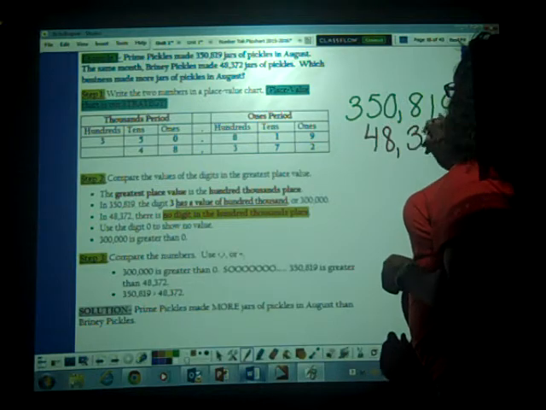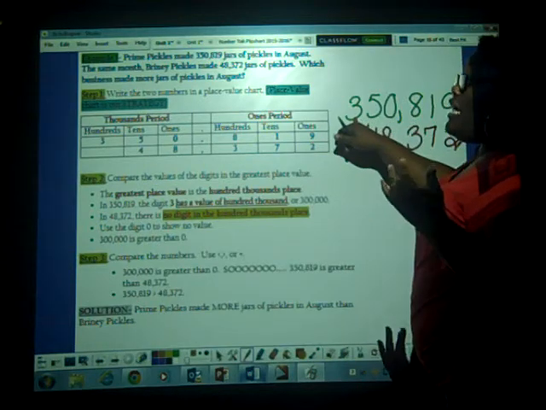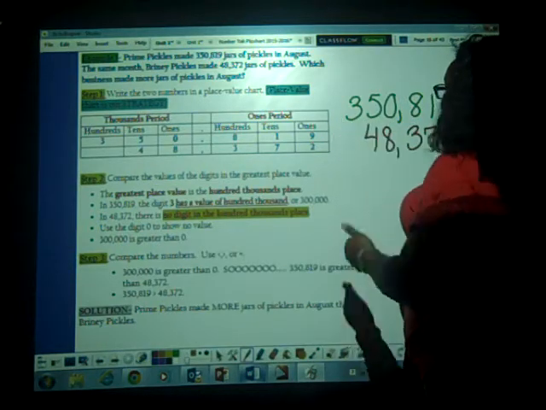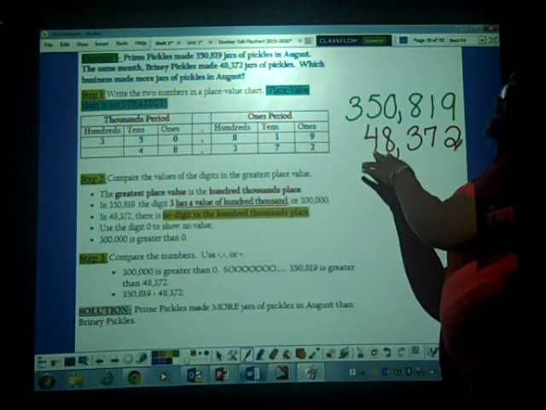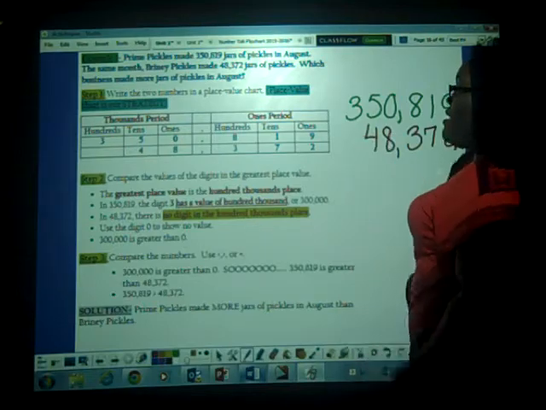It is true. This 3 is in the hundred thousands place, and this 4 is in what place value? 10,000s place value. Very good.